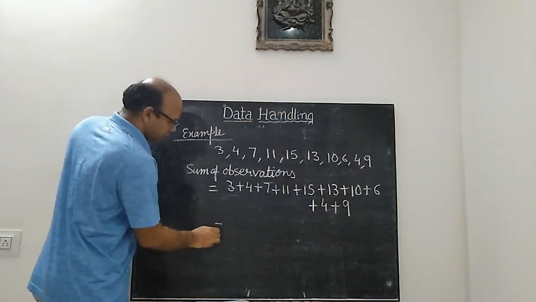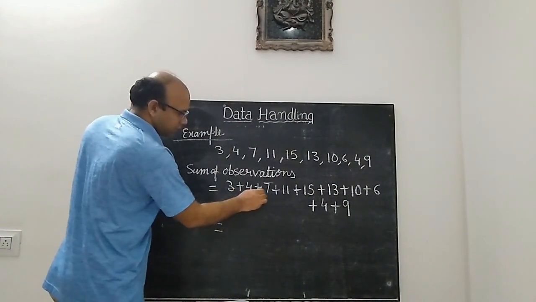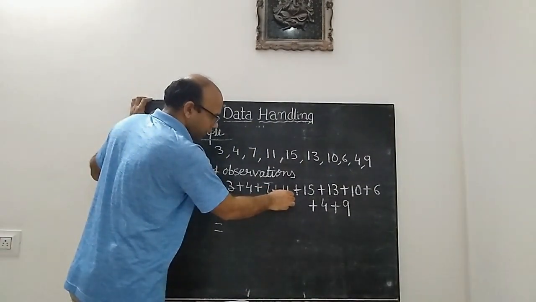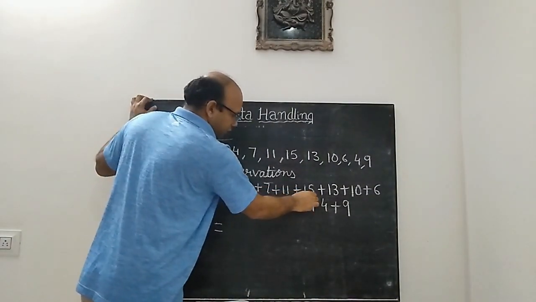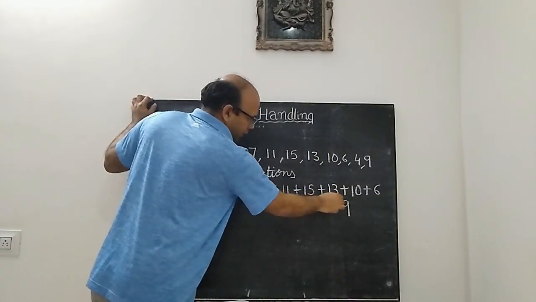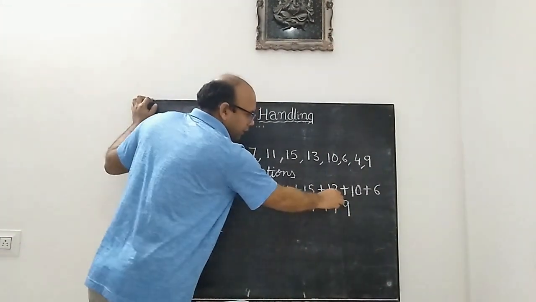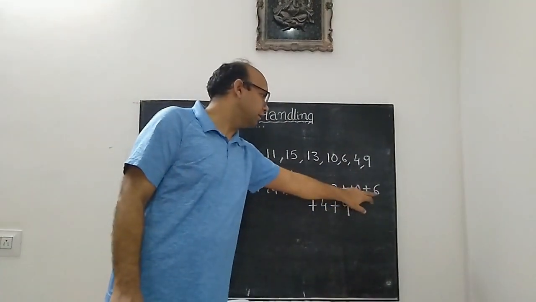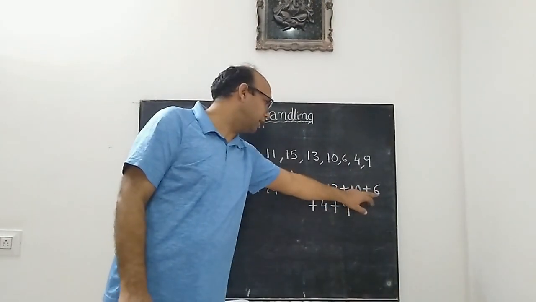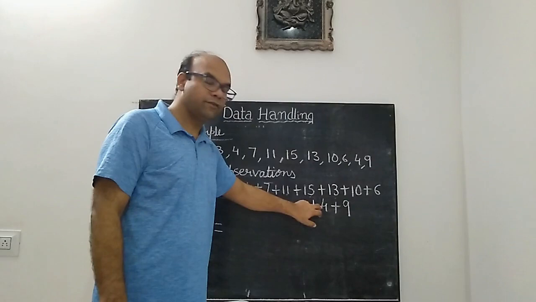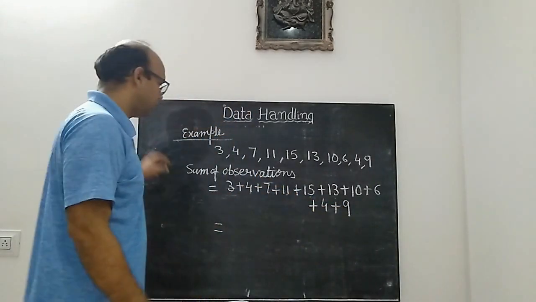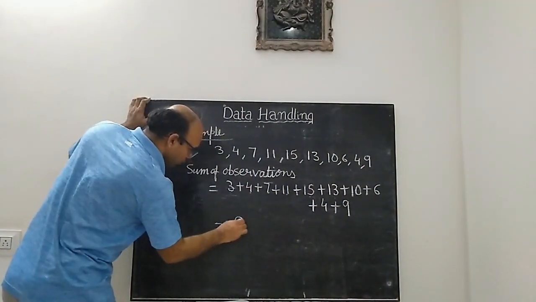If you add these things, 3 and 4 is 7, 7 and 7 14, 14 and 11 25, plus 15 is 40, plus 13 is 53, then 10 is 63 and 6 69, 69 and 4 73 and 9 is 82.